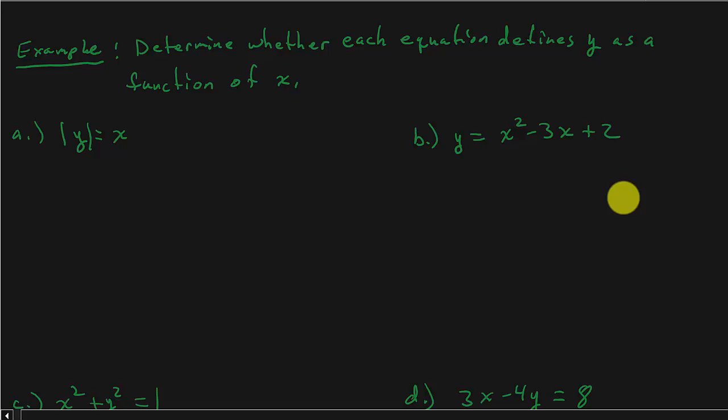You don't have to go through what I'm fixing to do. But as far as this one, probably at this point in college algebra, you don't know what this graph looks like. But I know what it looks like. It looks like this. That's the graph of it. So I already know this is not a function.